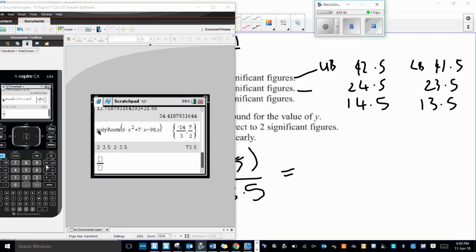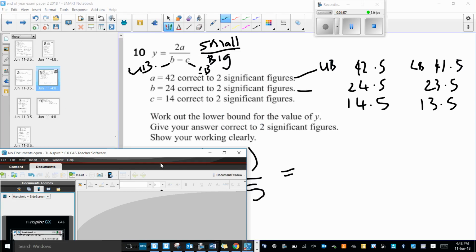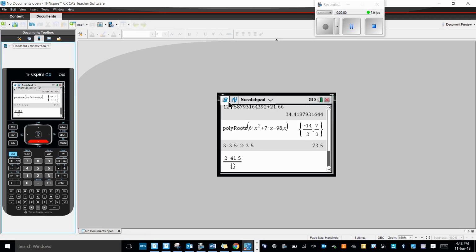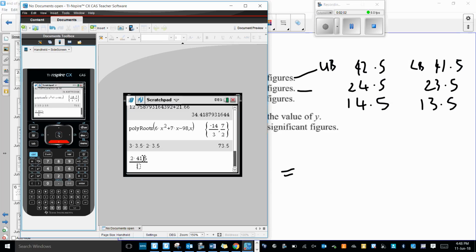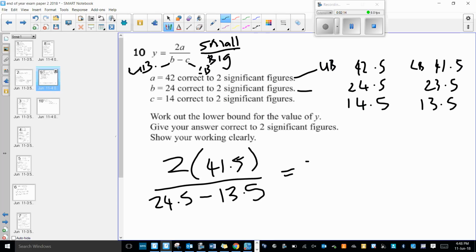So we've got 2 multiplied by 41.5 on the top, and 24.5 subtract 13.5 on the bottom, which gives us 7.54544. We need to answer to 2 significant figures, so that would be 7.5.